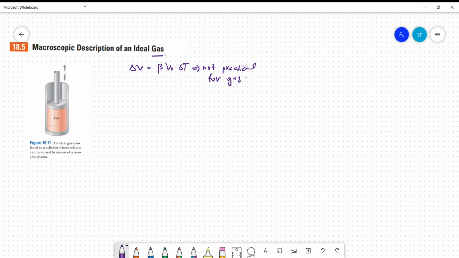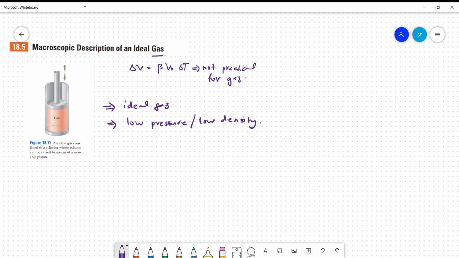Now, consider a gas that is confined in a piston like this. For the gas to behave like an ideal gas, we should place the gas at a low pressure, or low density, so that the molecules in the gas behave like an ideal gas.